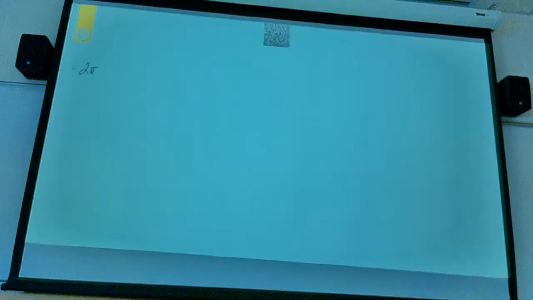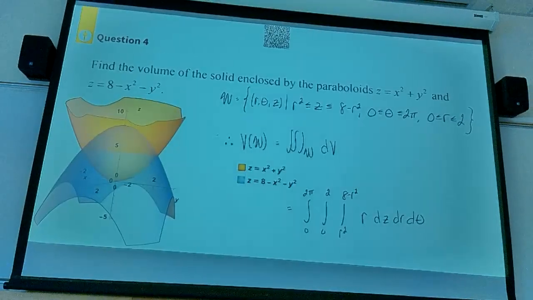When we integrate with respect to theta, we're going to get just 2 pi, because there's no thetas anywhere. The bounds are not dependent on theta. When you integrate with respect to z, you'll get 8 minus r squared minus r squared, right? Which is 8 minus 2r squared, isn't it?